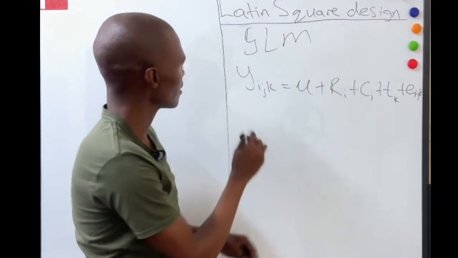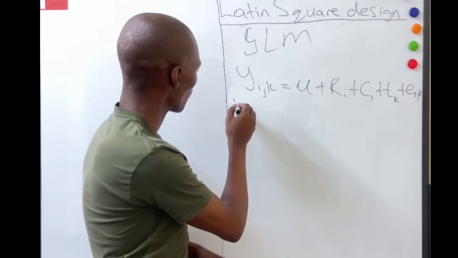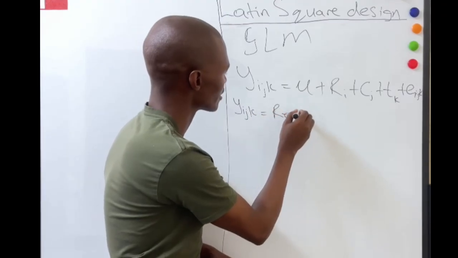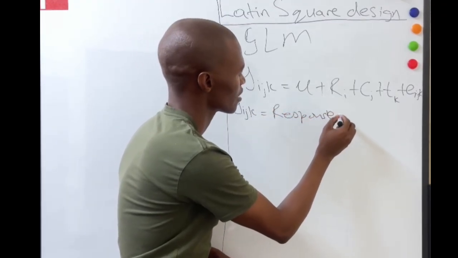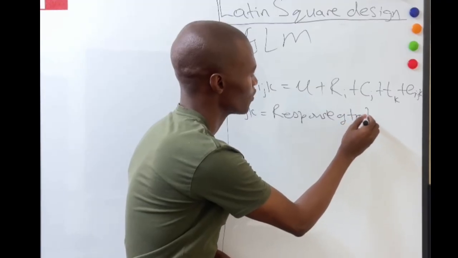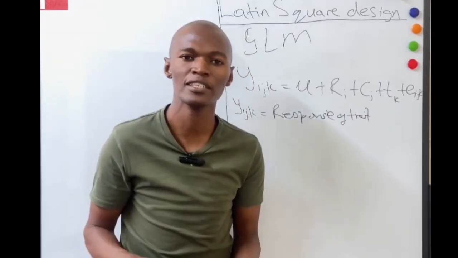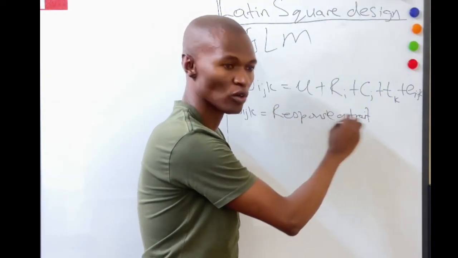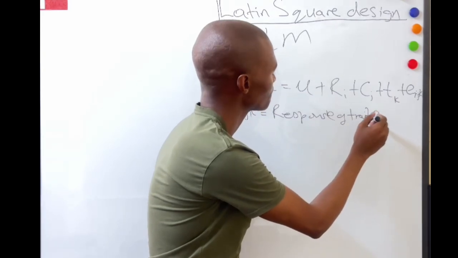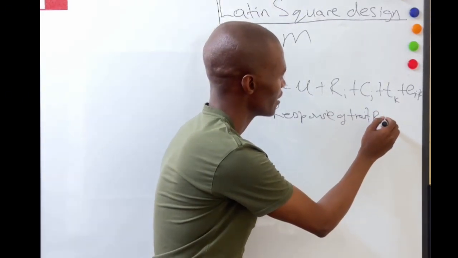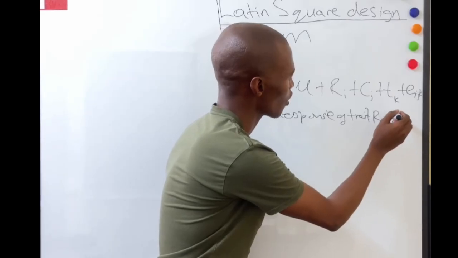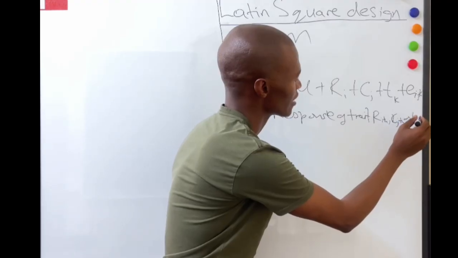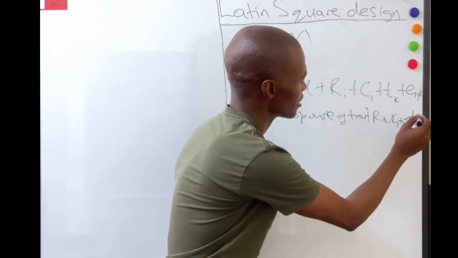Now, in this model, you have to know that Yijk is nothing but the response of your trait. If you want to know the effect of the treatment on the growth performance of the animal, it is that growth performance in the row i, in the column j, of the k treatment, the treatment k.